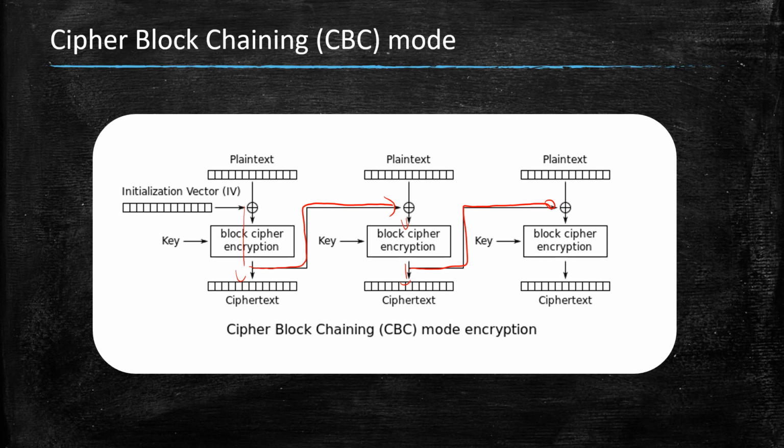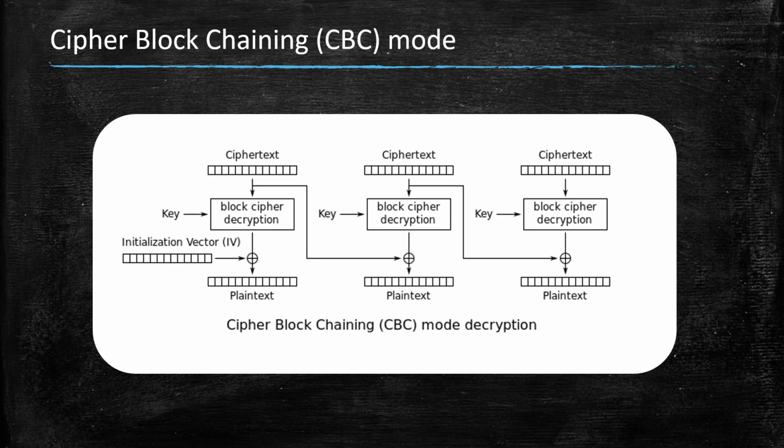Okay, now two things. First of all, this cannot be done in parallel, so there is a cost to doing this. And also, if you make a mistake, say one ciphertext has a mistake in it, then every subsequent block will have mistakes, so that can be annoying.